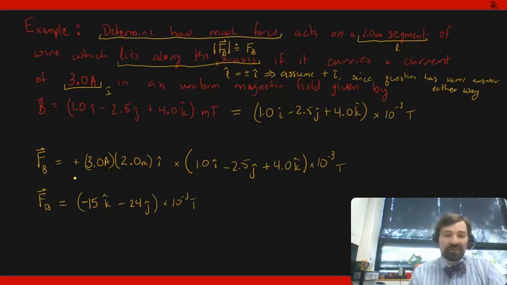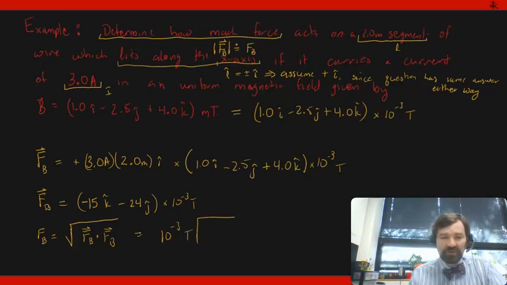Now what we care about is the magnitude, so the magnitude FB is basically the square root of the dot product of the force with itself. And so that is going to be 10 to the minus 3 Teslas times the square root of negative 15 squared plus negative 24 squared.